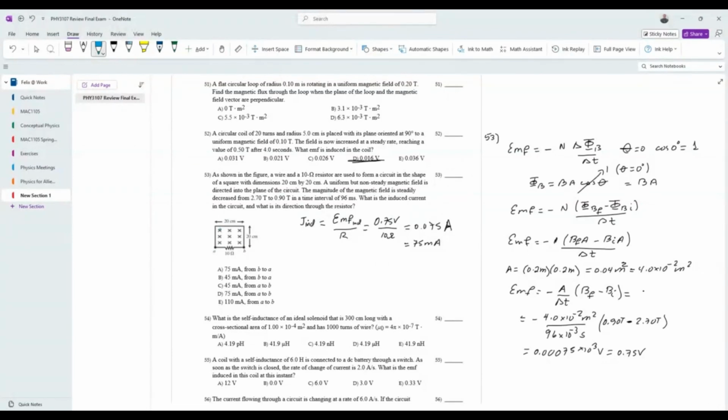The current that is being induced must counteract that decrease. It must point in the same direction as the magnetic field we actually have. So the magnetic field induced by the current will also be pointing into the plane.